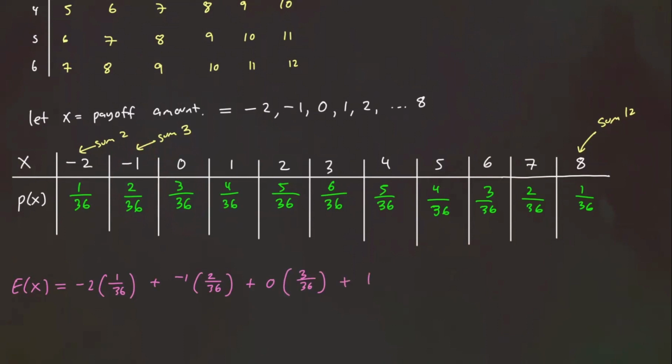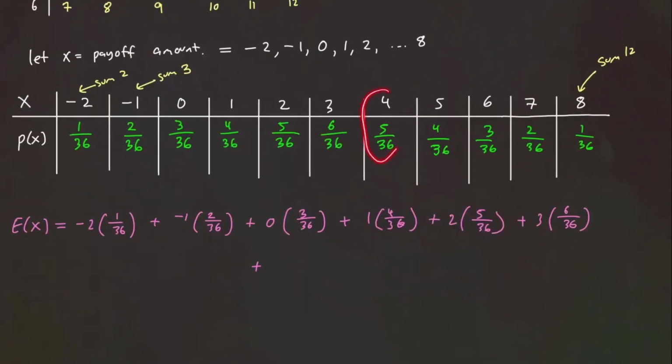The next one is 1 times 4 over 36. And then the next one is a 2 times 5 over 36. Now the next one is 3 times 6 over 36. The next one we got is 4.